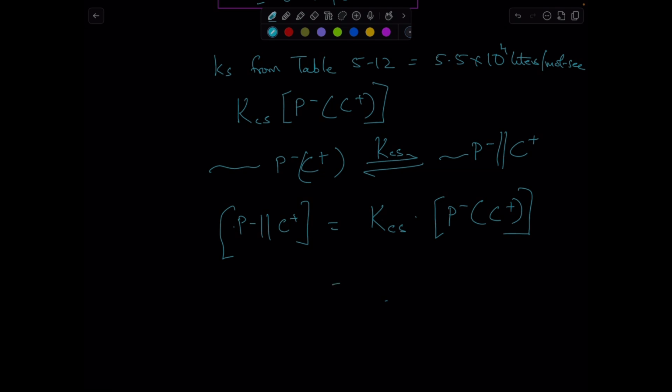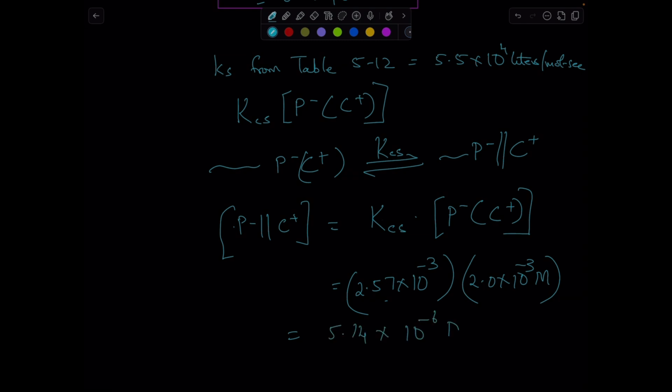KCS from the table is equal to 2.57 times 10 to the negative 3. This times concentration of the contact ion pair, 2.0 times 10 to the negative 3 molar. So that gives us 5.14 times 10 to the negative 6 molar for the concentration of the solvent-separated ion pair.